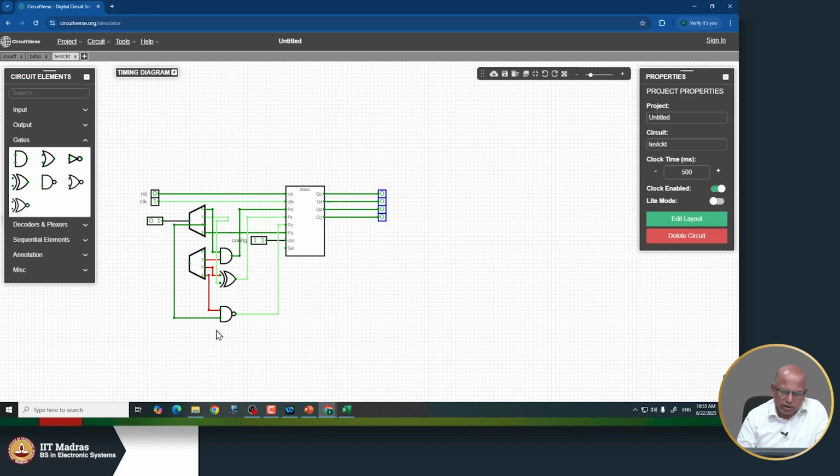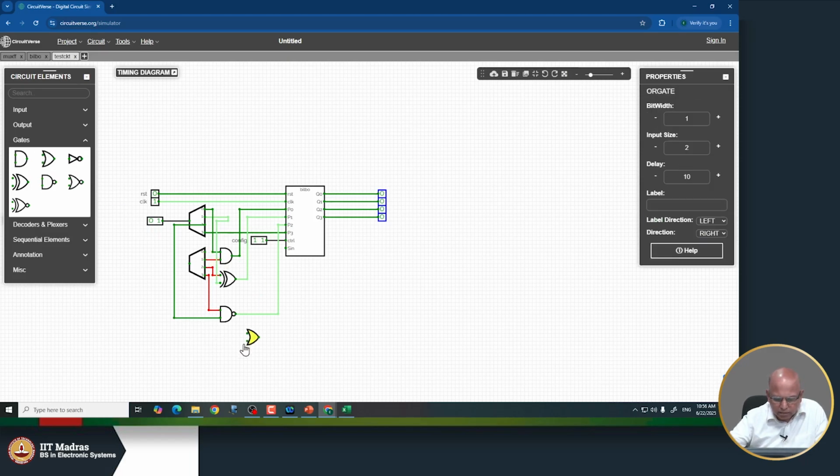So we have two 2-bit 2 to 4 decoders, right? And I am taking their outputs and randomly generating some combinational logic. So take this output.